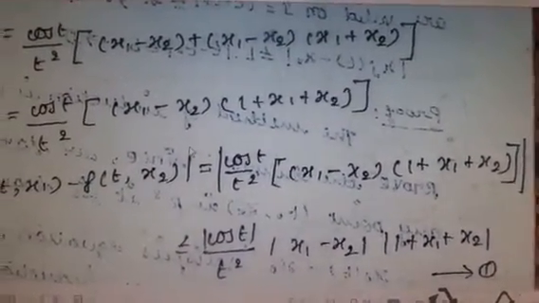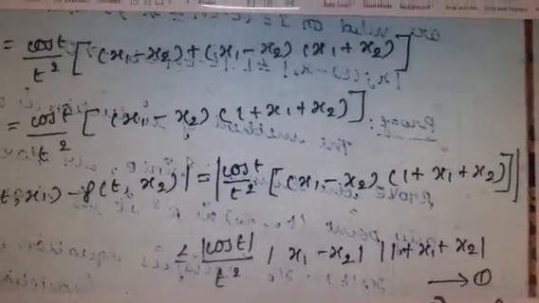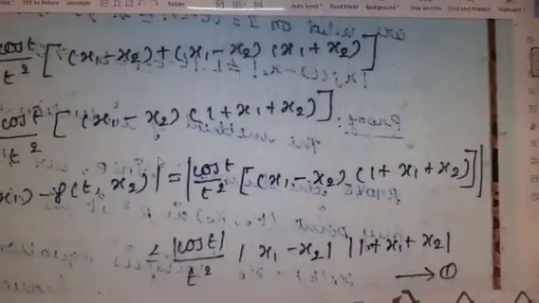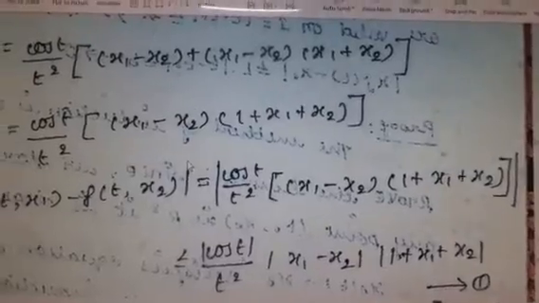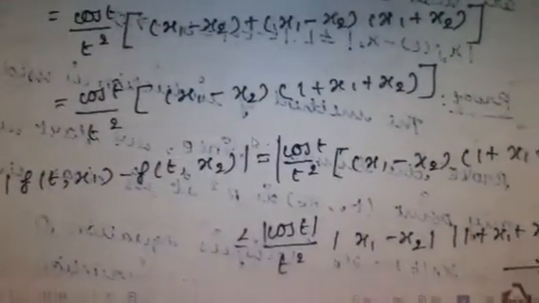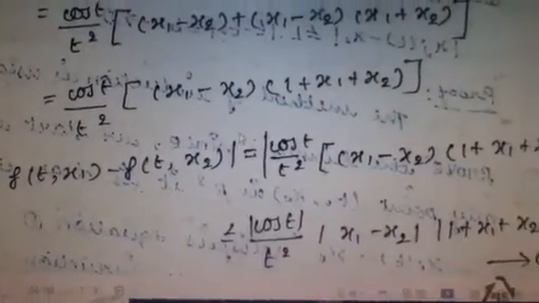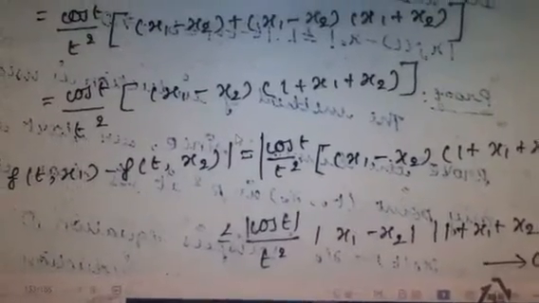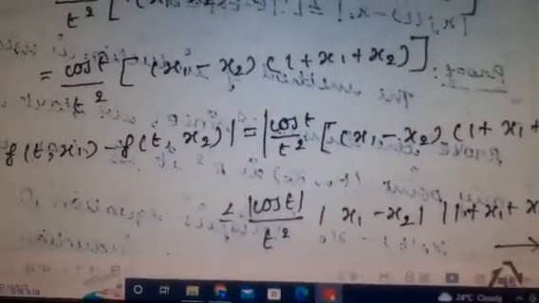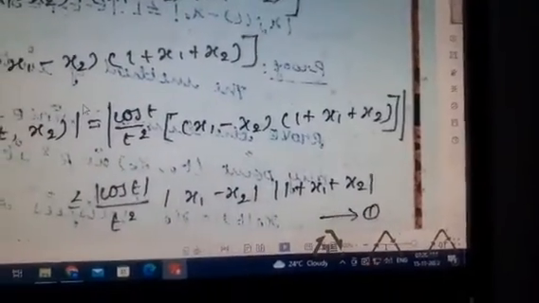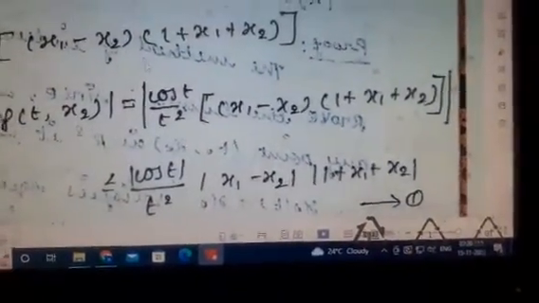This can be written as the modulus of cos t by t squared times |x1 - x2| times |1 + x1 + x2|. So |f(t, x1) - f(t, x2)| is less than or equal to the modulus of cos t by t squared times |x1 - x2| times |1 + x1 + x2|. This can be taken as equation number 1.